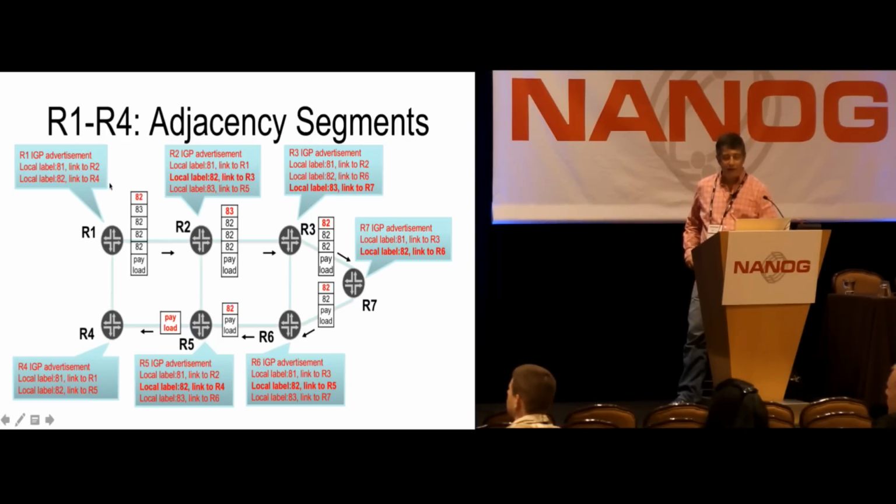He knows that the first thing he wants to push on the label stack is that he wants the packet to visit this link. So the first thing he will push on the stack is the 82 advertised by this guy. The next thing he'll push on the stack is another 82 advertised by this guy. And finally this 82 and this 82.